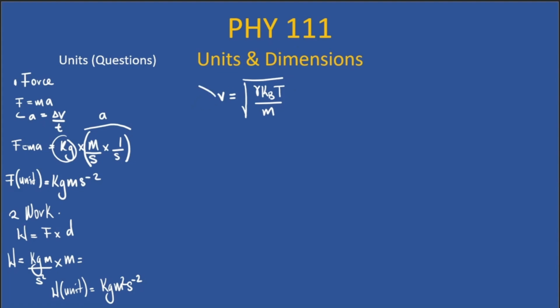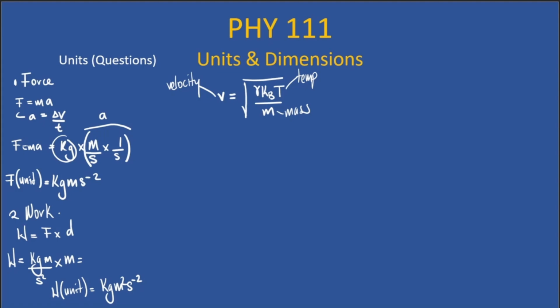So this is velocity. This is the temperature. This is the mass. Gamma is a constant, and Kb is the Boltzmann constant.